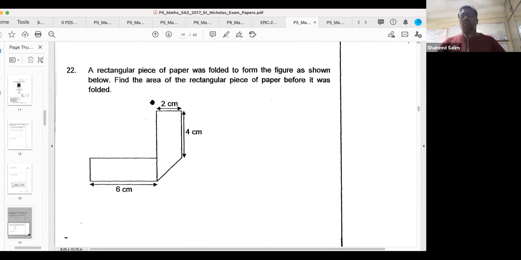Question 22. If you don't understand this, please take a piece of paper and fold it and see whether you understand or not. You say, I have no piece of paper? Okay, I'll get it for you.